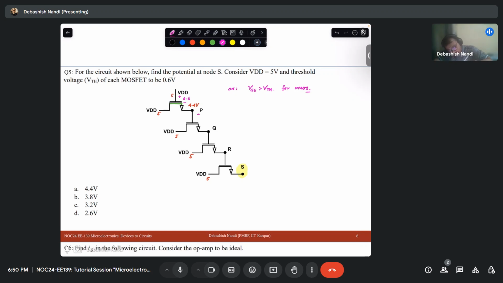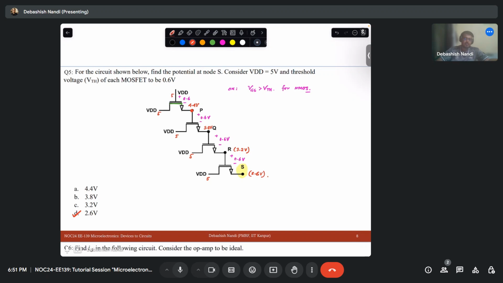Similarly, I need a minimum drop of 0.6 volt here also, and here also a minimum drop of 0.6 volt. So in this logic, if I apply simple calculation, this is 4.4 volt, right? So obviously this Q node will be 0.6 volt lesser, so that will be 3.8 volt. Then R will be at 3.2 volt and S will be at 2.6 volt.